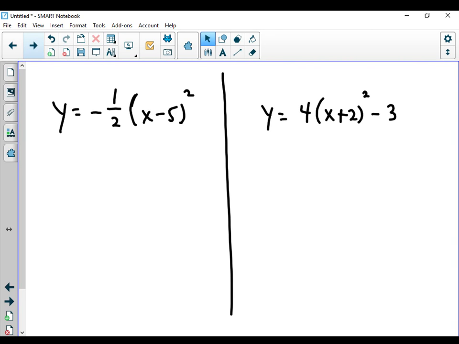Make sure that you label any key points, which would be the vertex, and make sure your shape is correct. Make sure that you label where the vertex is at clearly.